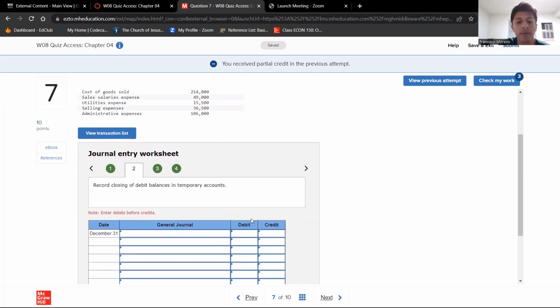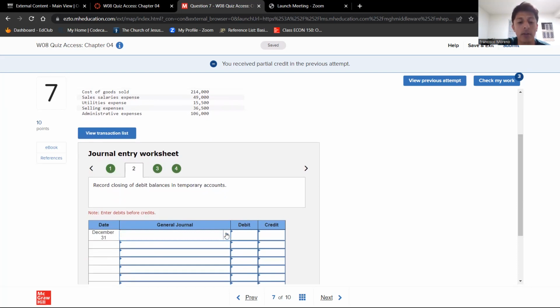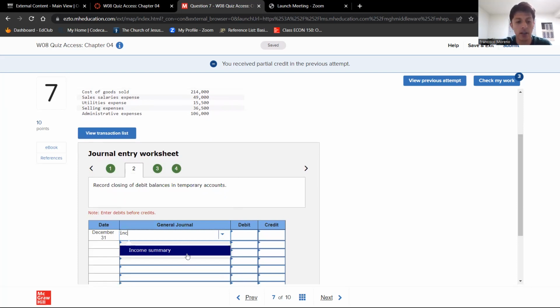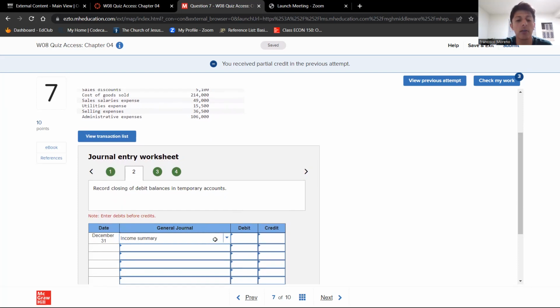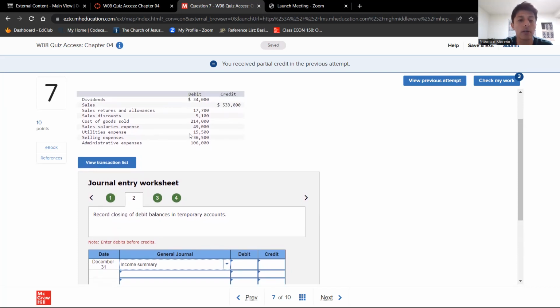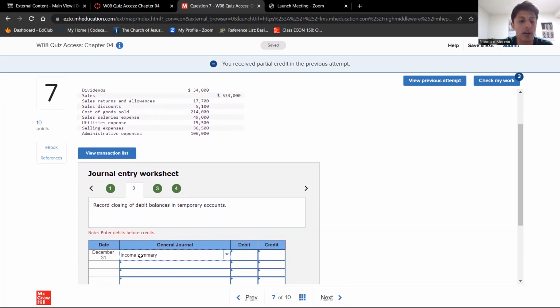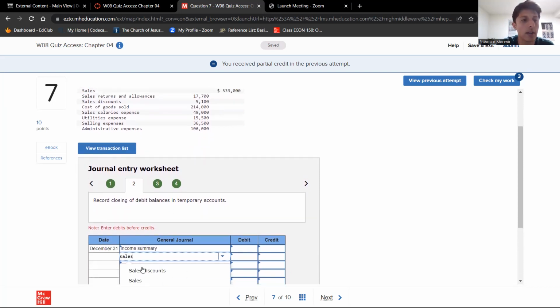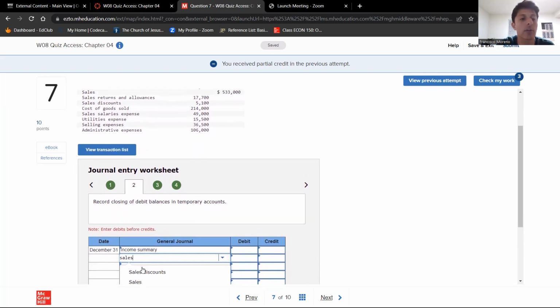Before that, we want to use the same income summary account because we're gonna put a debit here, but we're just gonna hold with this one because we don't know the amount yet. So let's start typing all the accounts that we're gonna close.